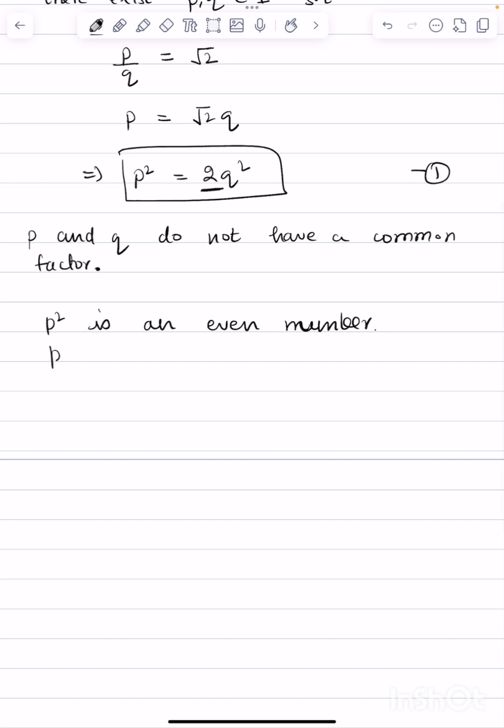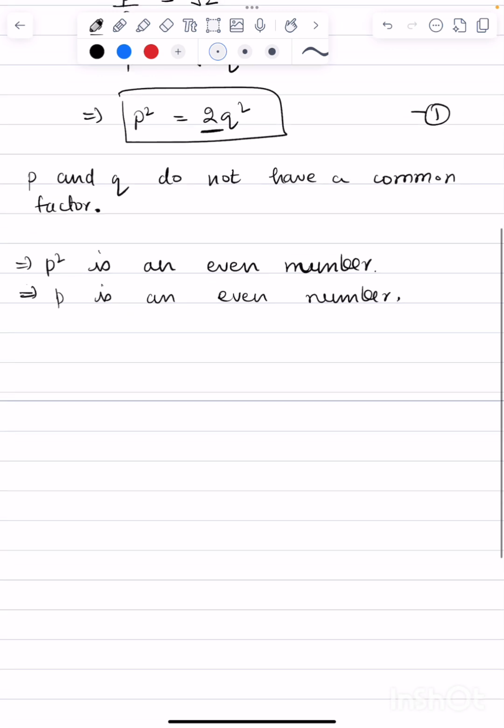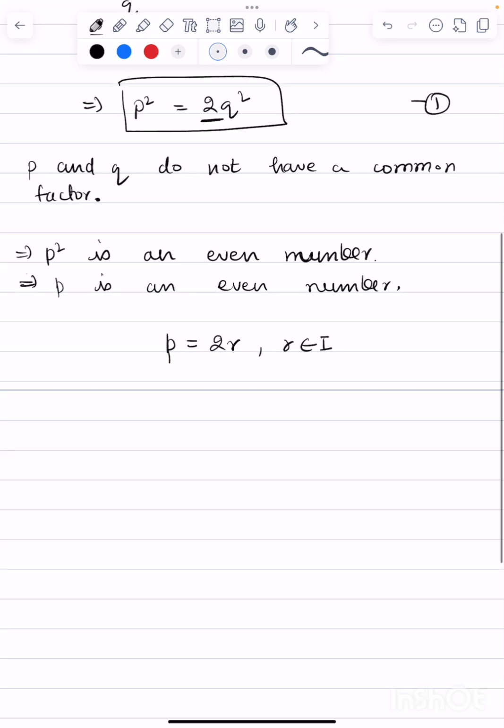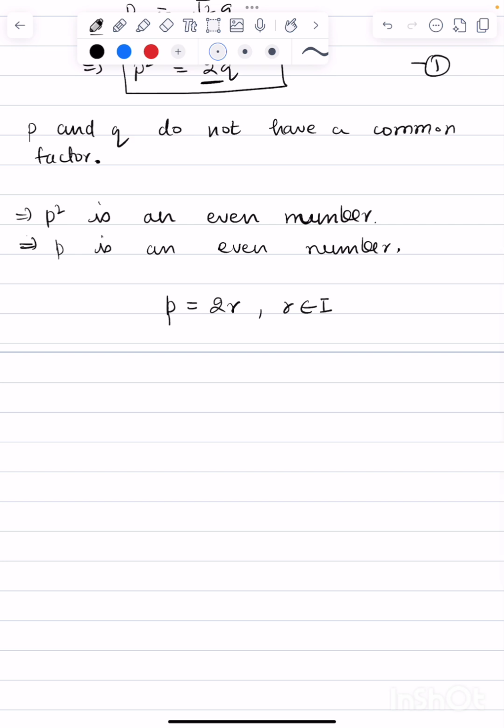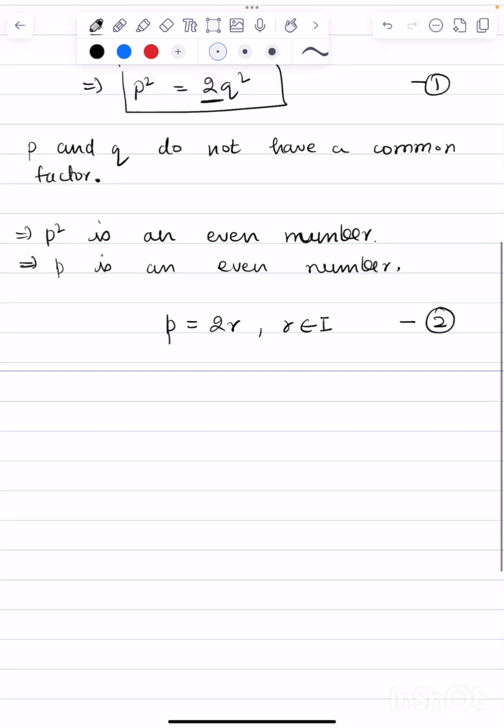Since p square is an even number, we can also say that p is an even number. Now an even number can be written in the form 2r, where r is an integer. So we have written that p is equal to 2r. Let this be our equation number 2.